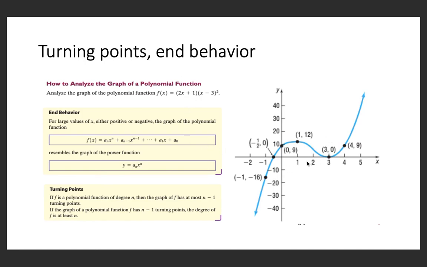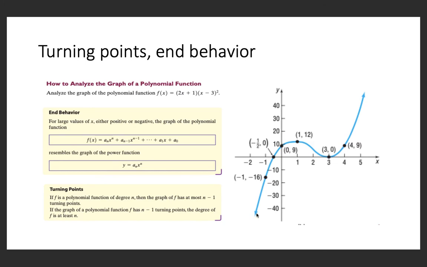And what is end behavior? End behavior also depends on the maximum power, a n x to the power n. In the graph, the end parts are this one and this one.